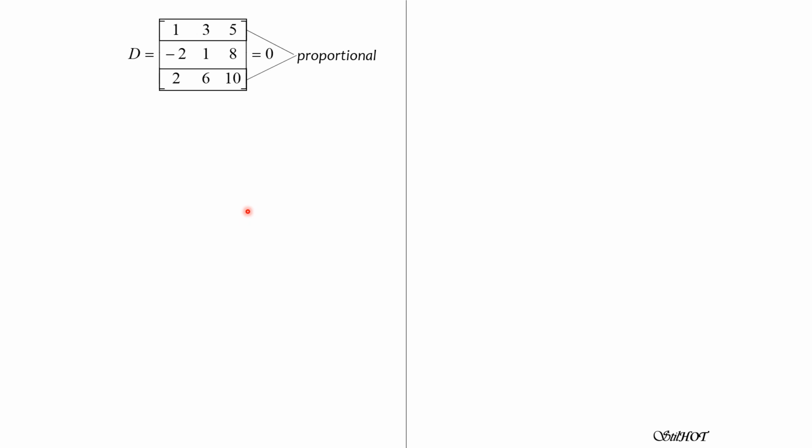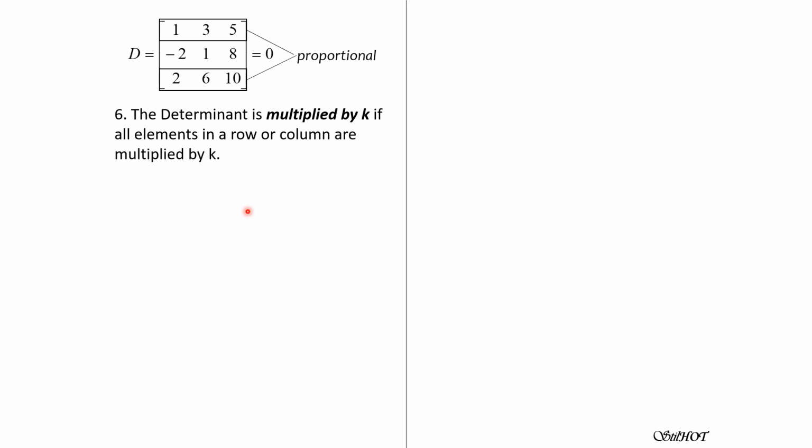Sixth, the determinant is multiplied by k if all elements in a row or column are multiplied by k. So in this example here, the determinant of this is 3 minus negative 8, which is 11. Now column 2 elements are multiplied by 2.